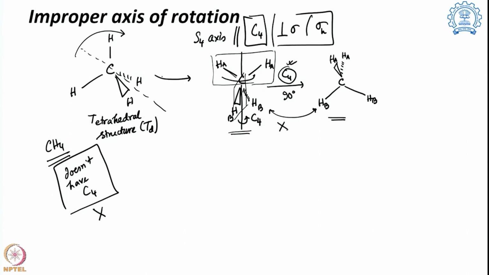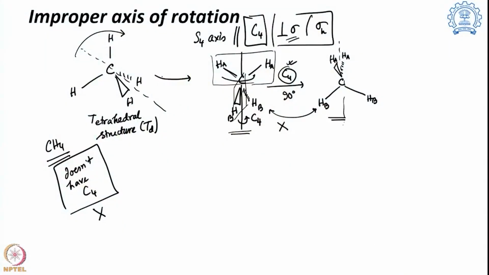So, now I have to do a sigma plane reflection during the improper axis of rotation, and this reflection has to happen perpendicular to the plane of the rotation. I have already rotated along this axis. So, perpendicular to that, this plane, is the sigma h I am going to use.